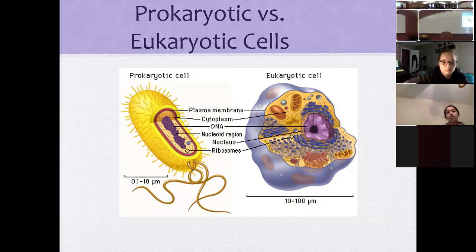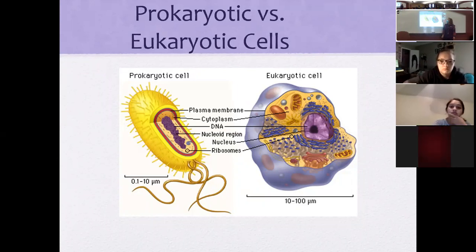These prokaryotes are way smaller, and they are able to fit inside that eukaryotic cell and give it the energy it needs to conduct whatever complex function it's supposed to do.